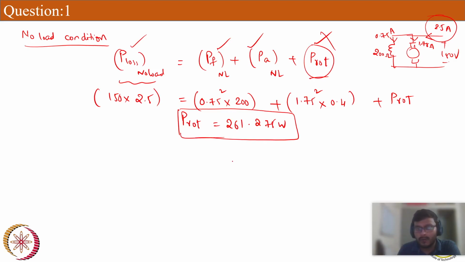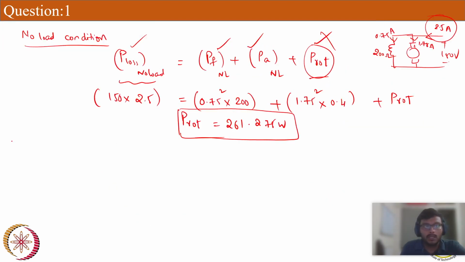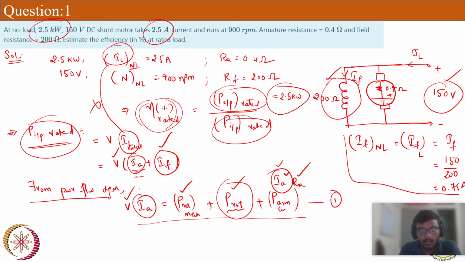So now what's the next step? Now it's all simple. We have everything. Now we got the rotational losses, and we will get an equation in IA. Let's say this is equation number 1. Now substitute P rotational losses in equation number 1. Now what is the equation?